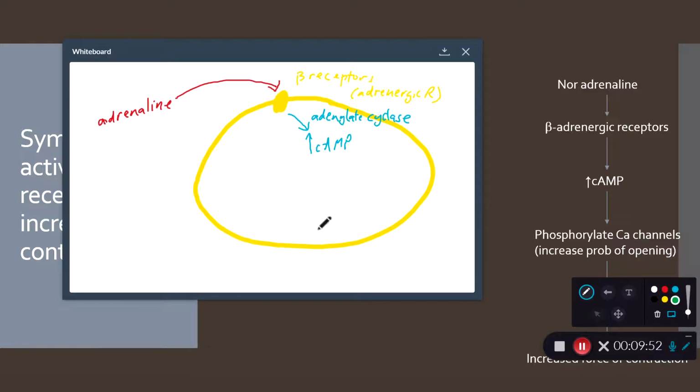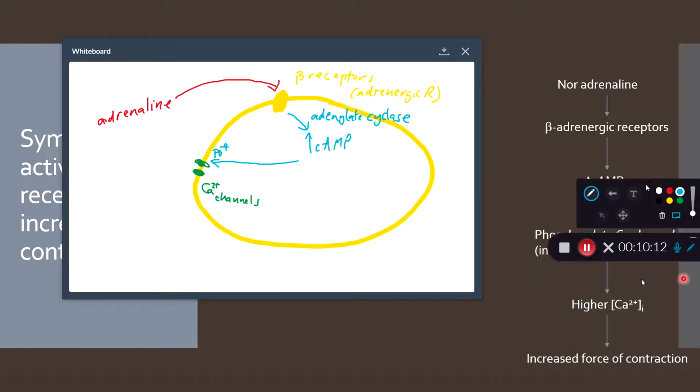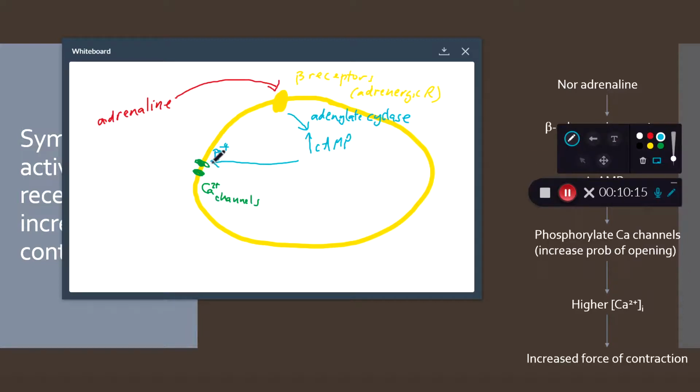And then in the membrane, we have calcium channels and the cyclic AMP phosphorylates them, so it adds a phosphate group to the calcium channels, and that increases the probability of opening.